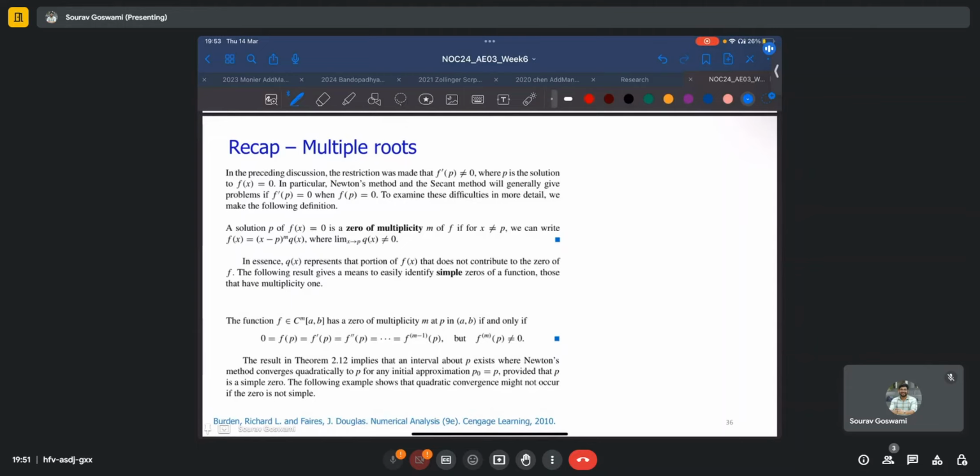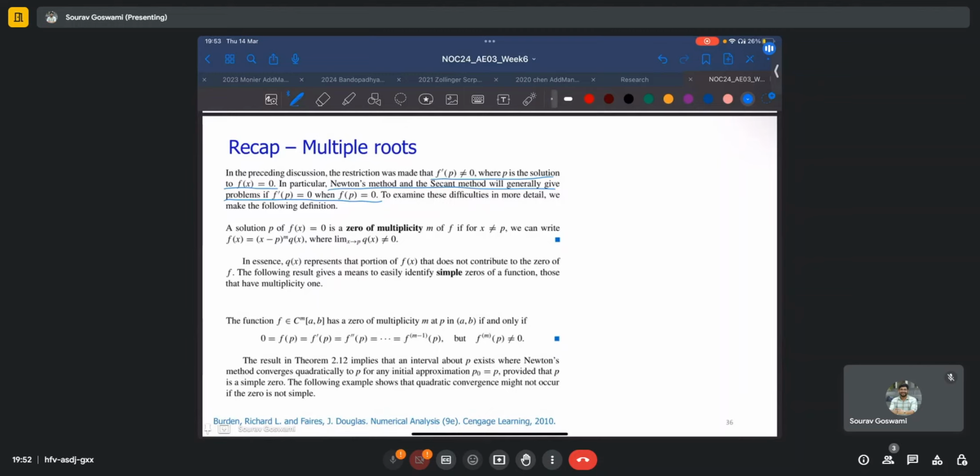In fact, there are ways to deal with multiple roots. Also, another restriction was that f prime of p not equal to 0 because we were dividing by it, where p is a solution to f(x) equals 0. In particular, Newton's method and the second method will generally give problems if f prime of p equals 0 and f of p is 0.